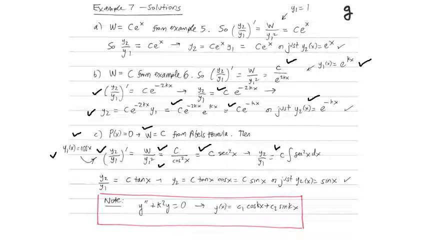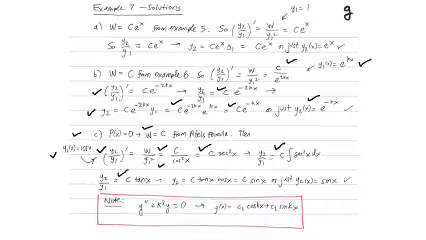So y2 over y1, integrating both sides, is just the constant times the integral of secant squared, which is tangent. We're leaving off another constant of integration here because we're just trying to find a second linearly independent solution, and if we leave off the constant, we'll have our second linearly independent solution in the simplest possible form.